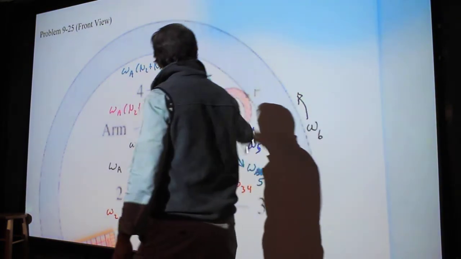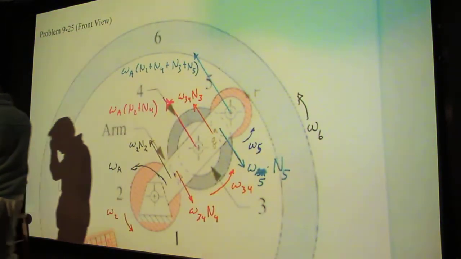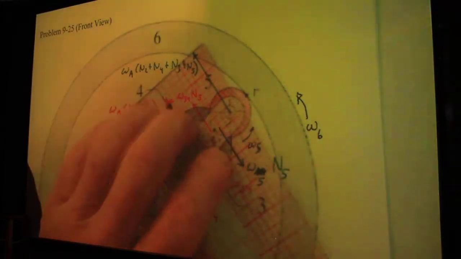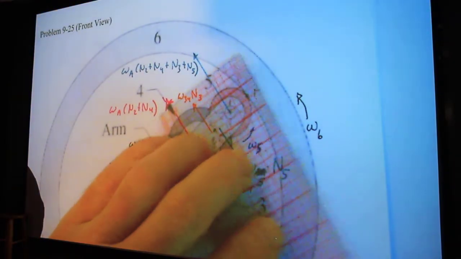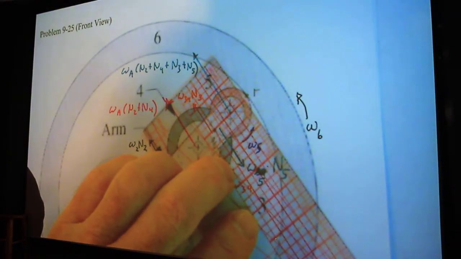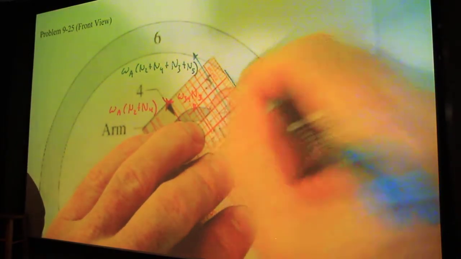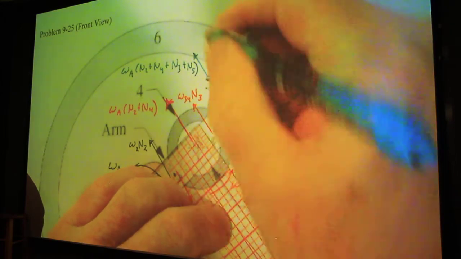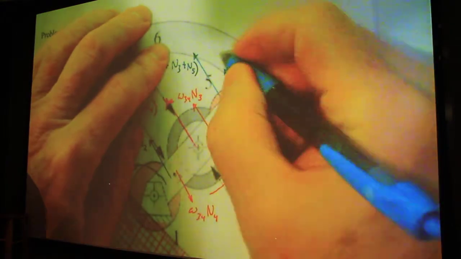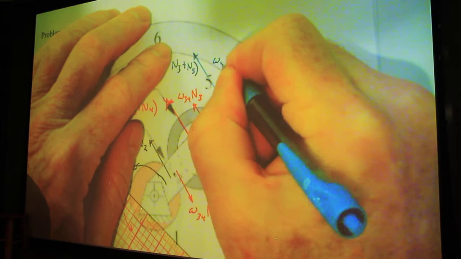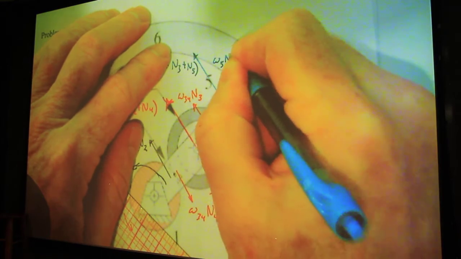So then we keep on going and we get to this side of the pitch point of R. And I have this right here. That would be omega 5 times N5.